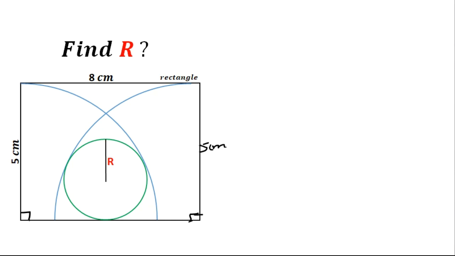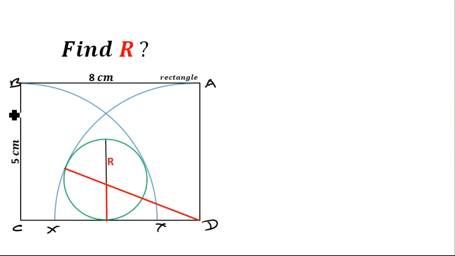So what do we do? We will have to write it in a manner that we are able to determine R. Remember, if you take this quadrant and label the points A, B, C, D, and maybe this point is X, this point is Y, then for the quadrant ADX, any line from the center to the circumference is the radius of that quadrant.